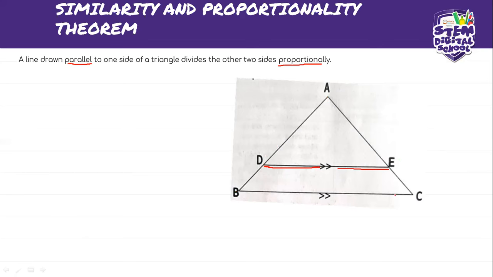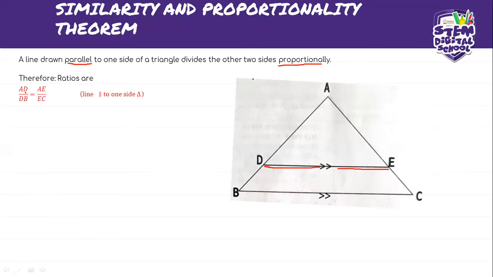Then if that is the case, what's going to happen? It divides the other two sides proportionally, meaning this side and this side. So the ratio of this side and the ratio of this side are equal, all right?